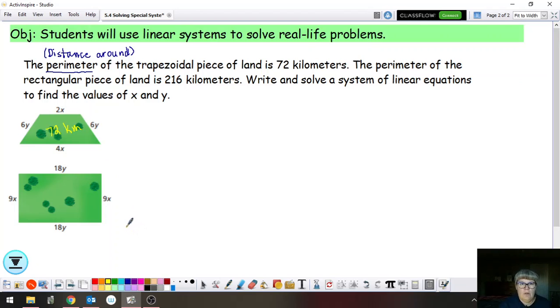The perimeter of the rectangular piece of land is 216 kilometers. Write and solve a system of linear equations to find the values of x and y.